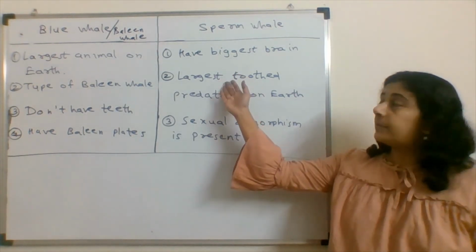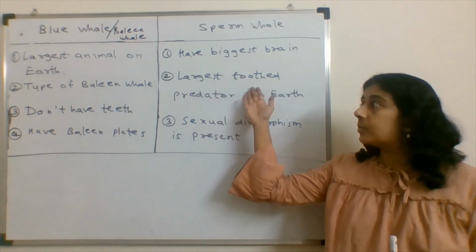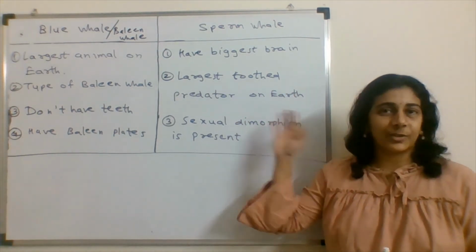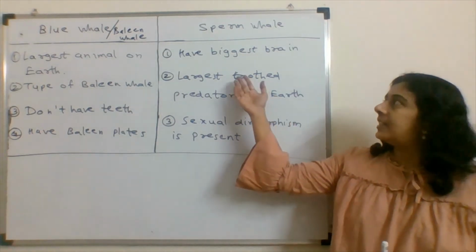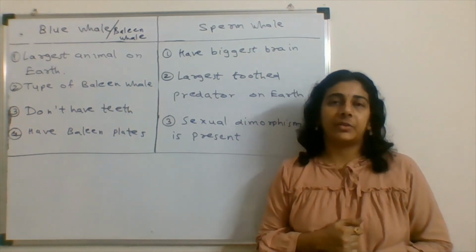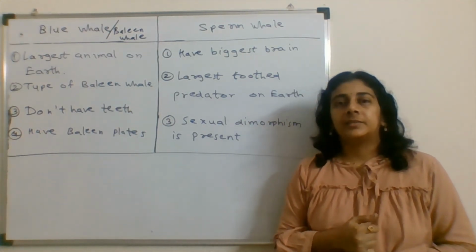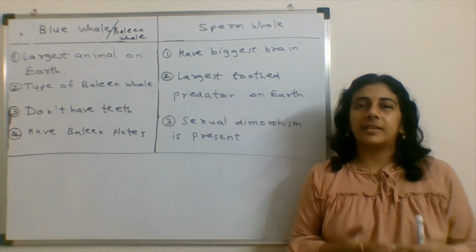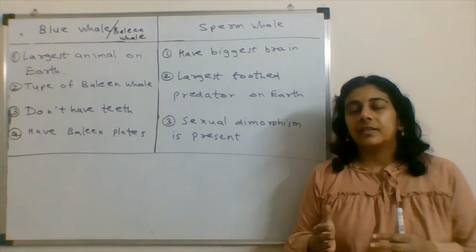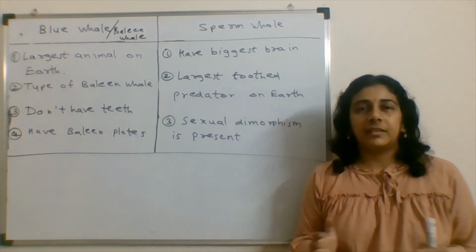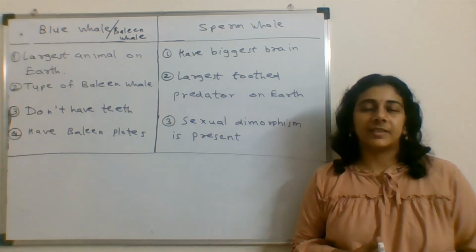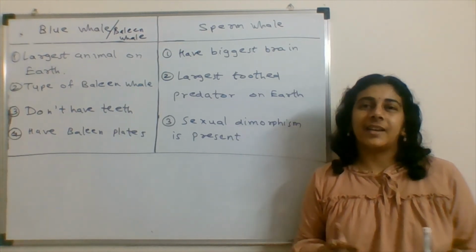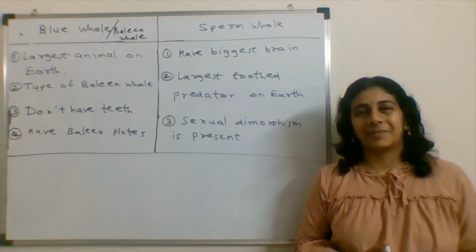Secondly, sperm whales are the largest toothed predator on the earth. They have the largest teeth and the biggest brain also, and there is sexual dimorphism in sperm whales. Male and female are different, and females are larger in size as compared to males.